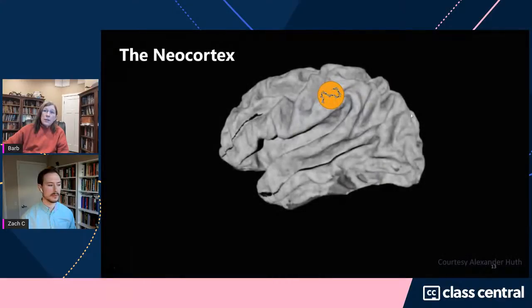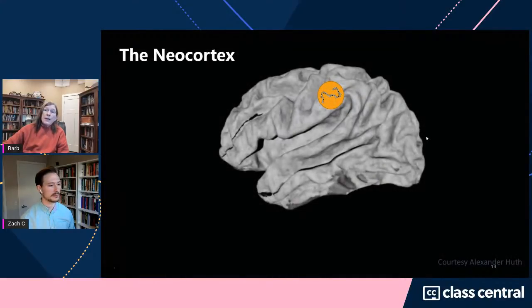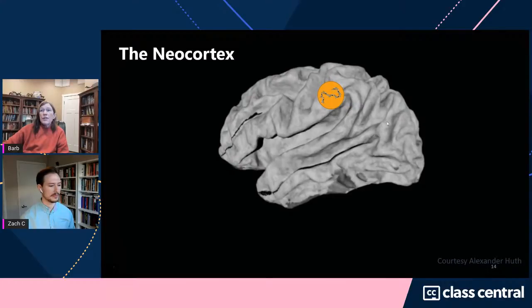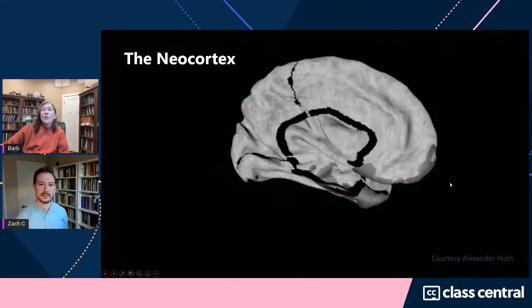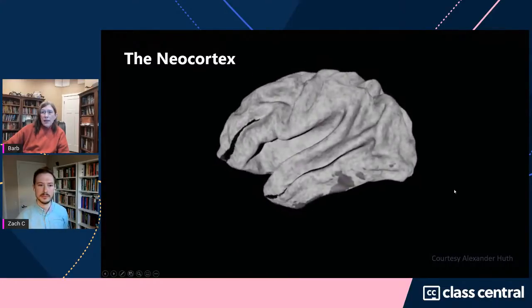So those sets of links are in the neocortex, which is a very thin layer on the surface of your brain. So if you watch very closely, you'll see this thin little layer. Okay, so there's this thin layer.